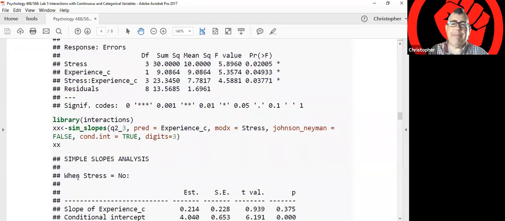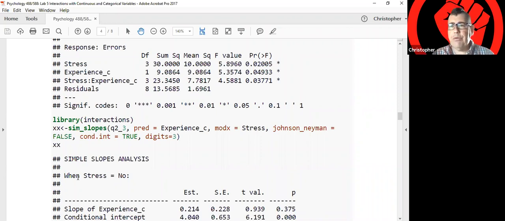This comes from the package interactions, which is for the most part pretty good for our purposes. And what it's going to do to break down that interaction, because just saying that there's an interaction doesn't tell us what's happening, is it's going to break the interaction down by a moderator. Here, the moderator that I chose is the categorical variable.